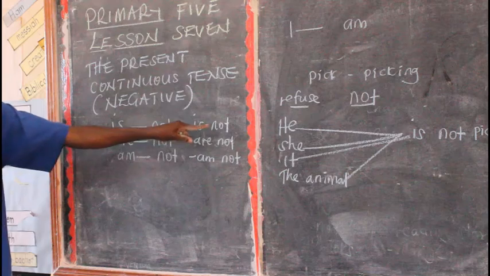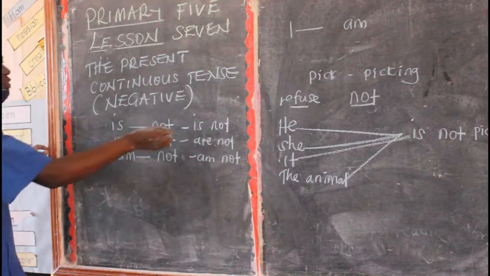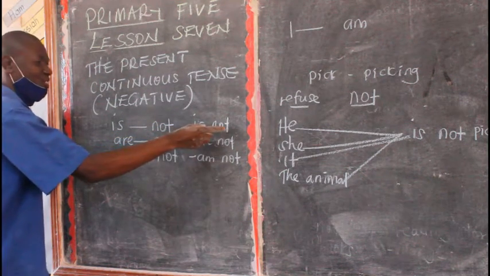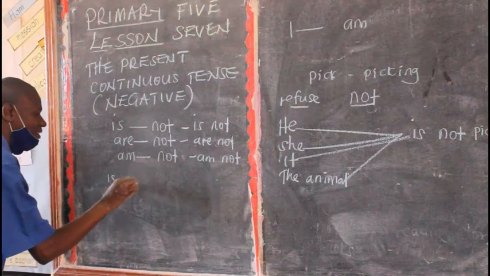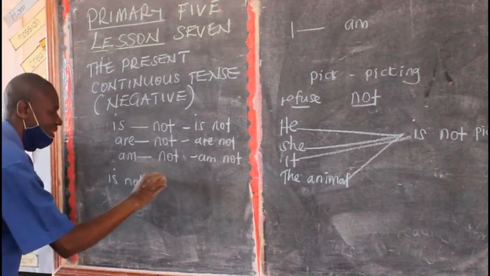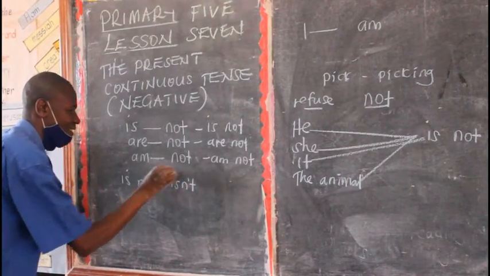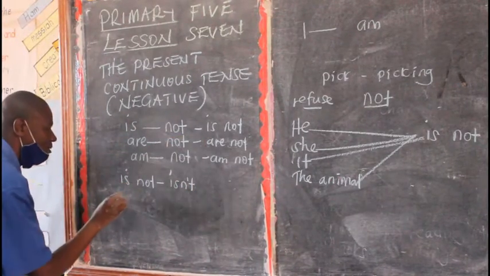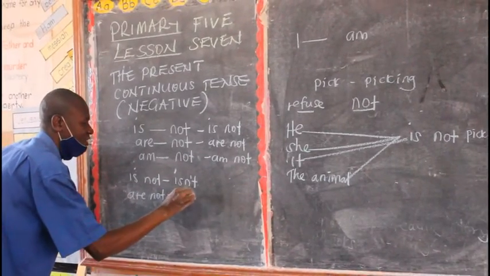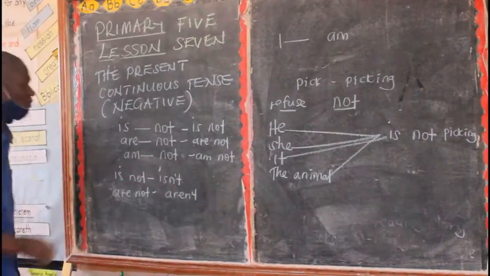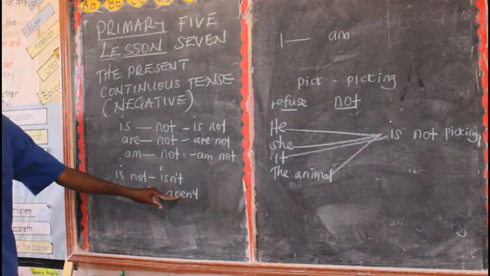Let's look at their short forms. If you don't want to use it in full, like is not, the short form of is not is isn't. Then the short form of are not is aren't. This word is not aren't, it is aren't.